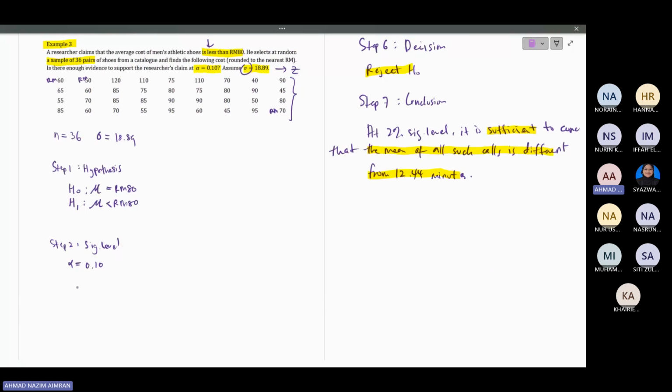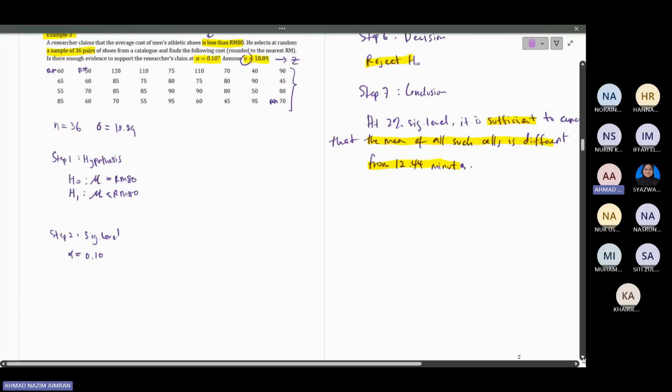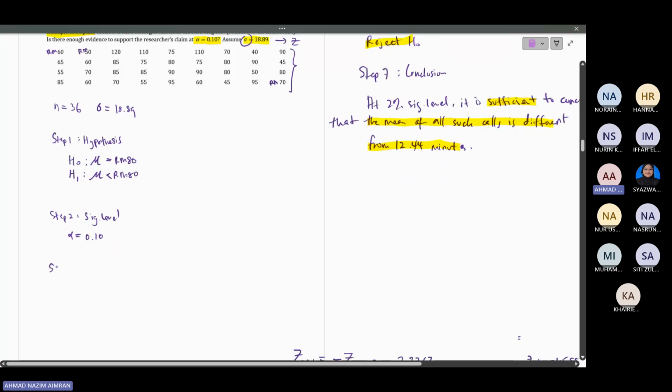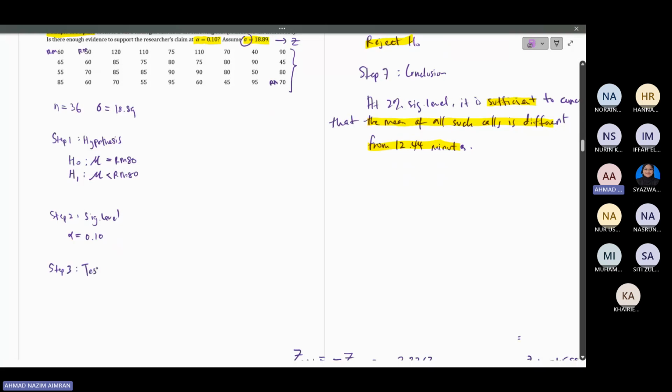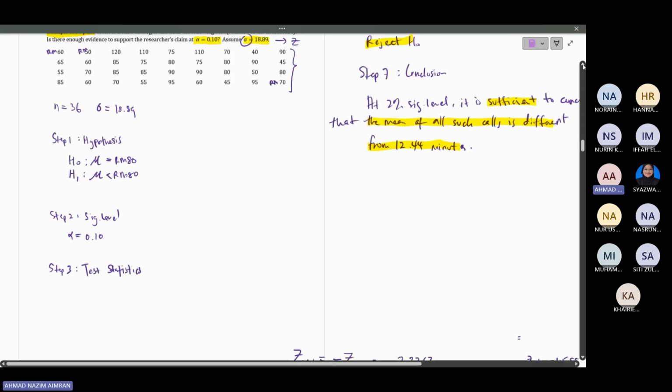And the next step is the test statistics. So step 3 is the test statistics. Before you can proceed with the calculation of Z calculated, you need to find the X bar first, the mean of the sample, because it is not given.